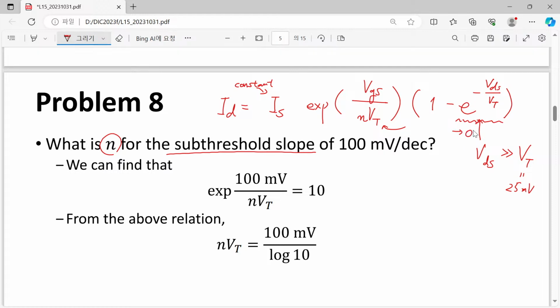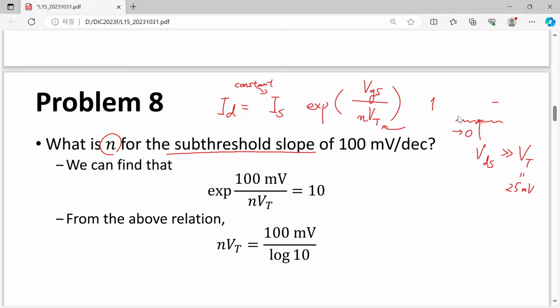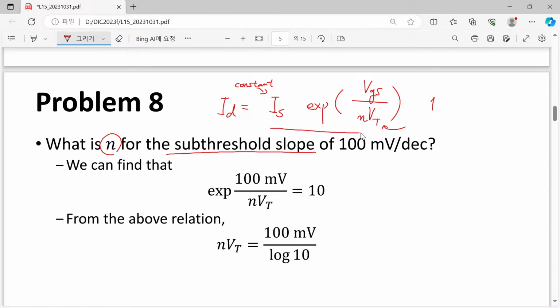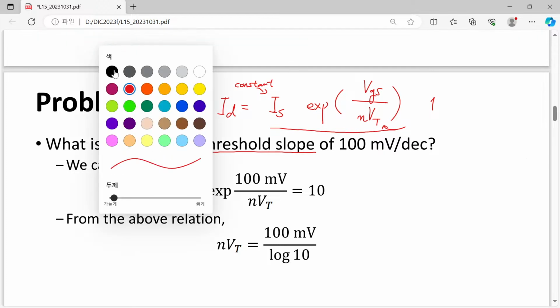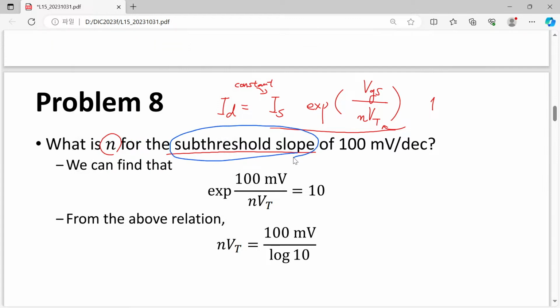So simply speaking, our subthreshold current can be well represented by this form. When we have a sufficiently high drain voltage, now we can concentrate on this expression. The next thing is quite simple. Subthreshold slope simply means how much additional voltage is required to increase our drain current by a factor of 10.